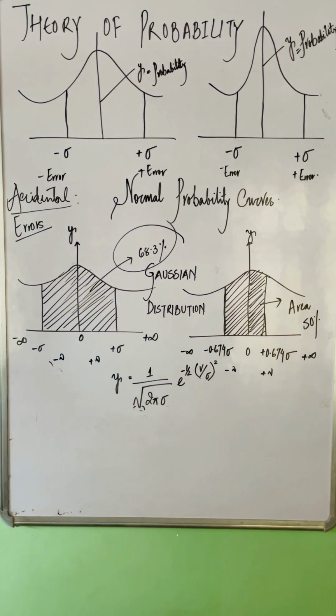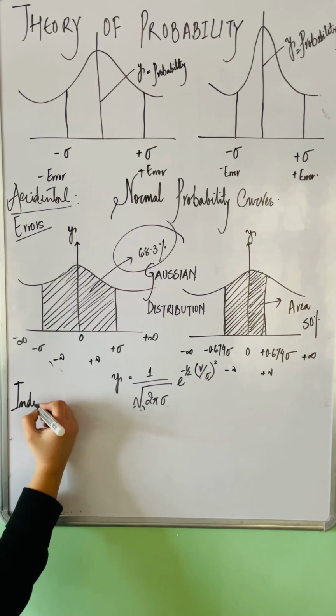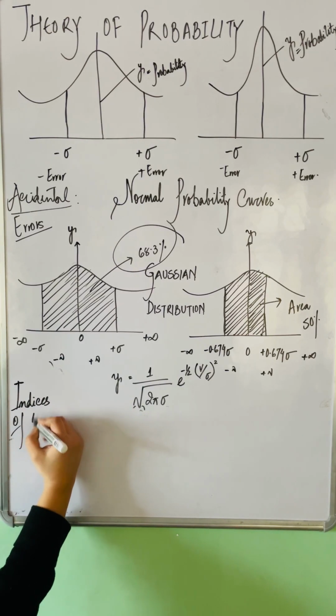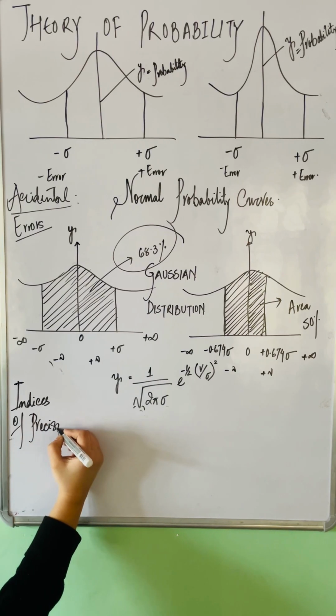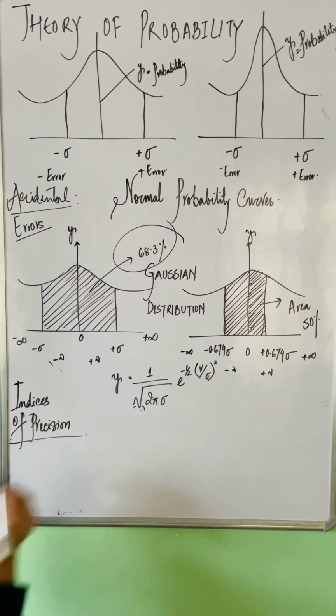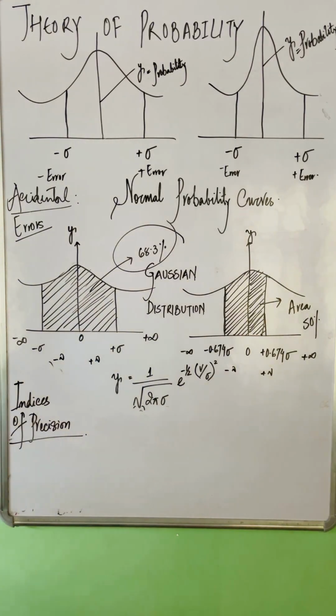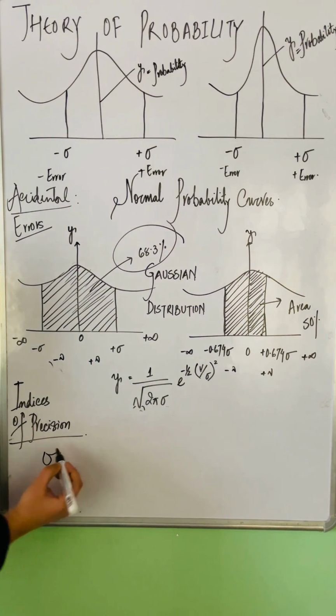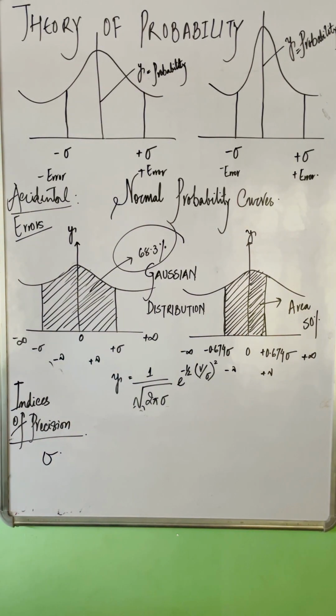Let's study some indices of precision. The first one is the standard deviation or sigma. It is an indicator to determine the reliability of a set of measurements. There are several standards for assessing the precision, but the most popular is standard deviation.